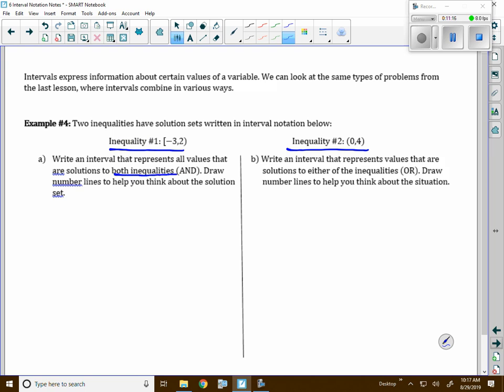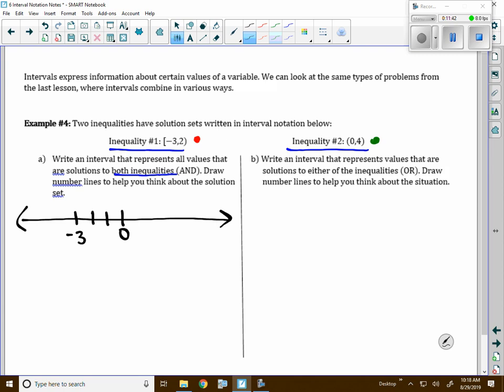Okay? So what we're going to do first is I'm going to color code this. Our inequality number 1 is going to be red. And our inequality number 2 is going to be green. Okay, so I'm going to draw my red one first. And I'm going to use a number line because I think that number lines will make our life a lot easier. We're going to put 0 right there in the middle.